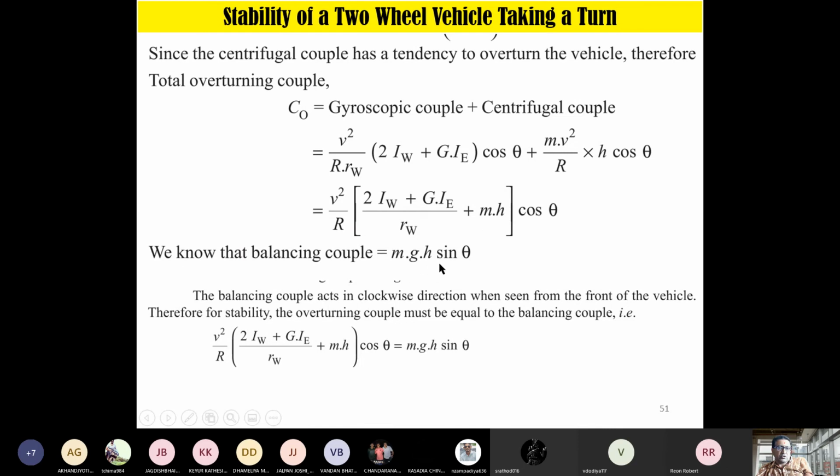This is to be balanced with mgh sin theta. If we want to balance, then this is equal to mgh sin theta. Okay, so here the theory ends. What we studied is the stability of a two-wheel drive when the vehicle is taking a turn.